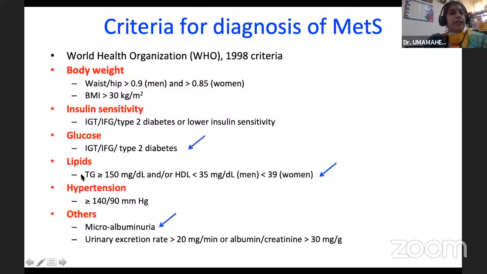And there can be a dysregulation of the lipid content. So there can be high levels of triglycerides, anything greater than 150 milligram per deciliter, or there could be a reduction in the high density lipoproteins, and there is hypertension, which is also considered as a risk factor for this metabolic syndrome. Now, recently, they have also added more to the list.